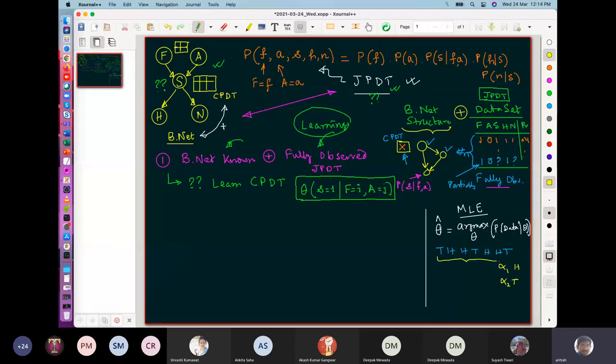The probability of this data is theta to the power of the number of heads, and 1 minus theta is the probability of tails, and we are getting alpha 2 of them. We maximize this, remember, by taking the log and differentiating, and finally we get this one. That's our maximum likelihood estimation.